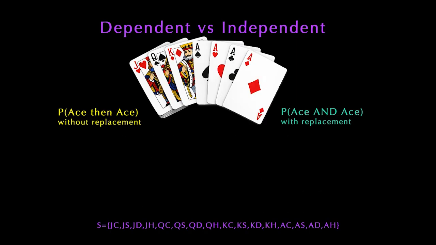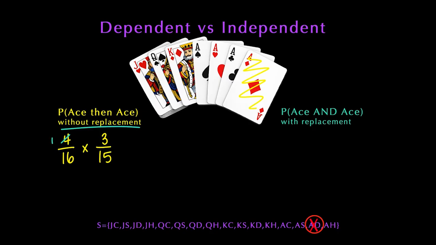So we're going to first look here at without replacement. If I'm pulling an ace out of this deck, there are 4 aces out of 16 cards right now. Once I pull out an ace, so we're just going to get rid of this front ace, then I'm going to say there's now 3 aces left out of 15 cards. Okay, so I'm going to go ahead and reduce.